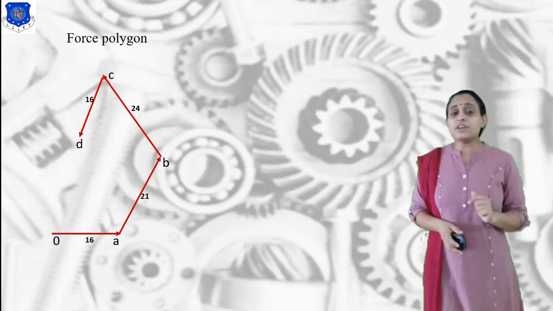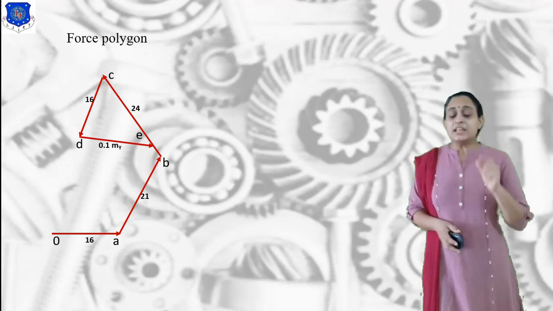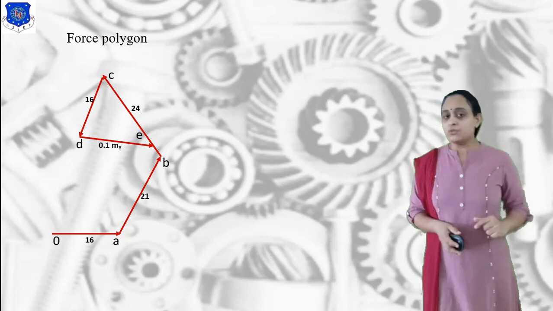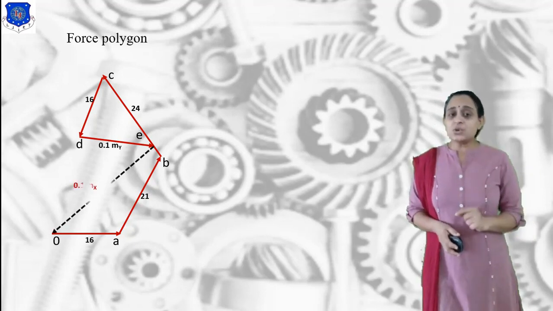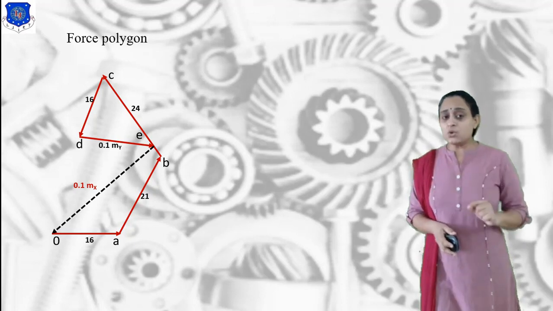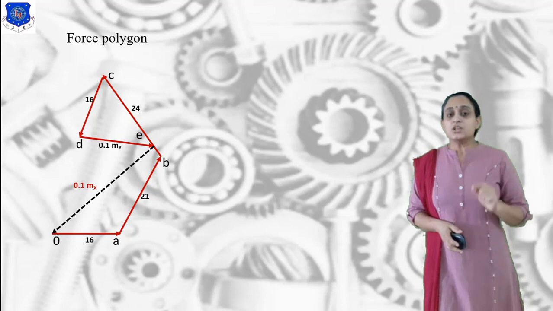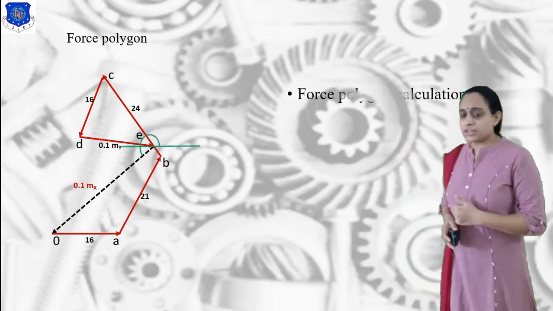We have already found out the value of MY and 0.1 into MY. You need to calculate this value and find out the value and draw the force of it, and then you have to join this line. And by joining this line, the point EO will represent the value of force value. Okay, so here there is the calculation. So what is the force polygon calculation?